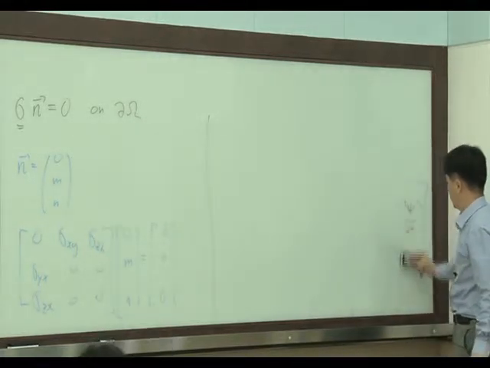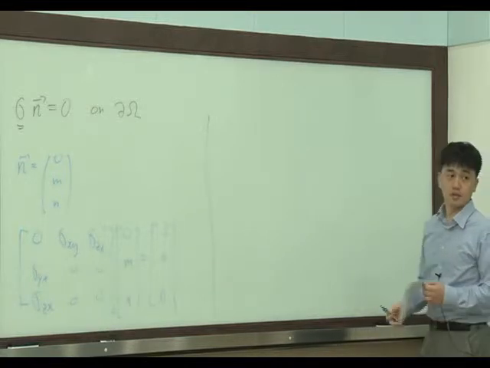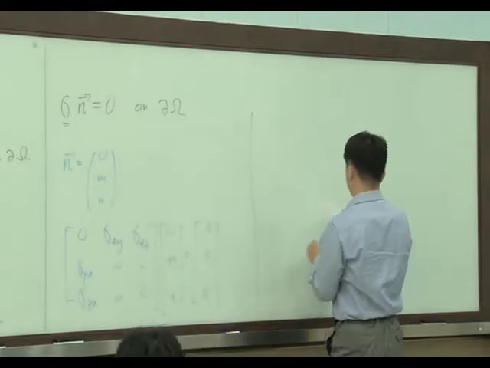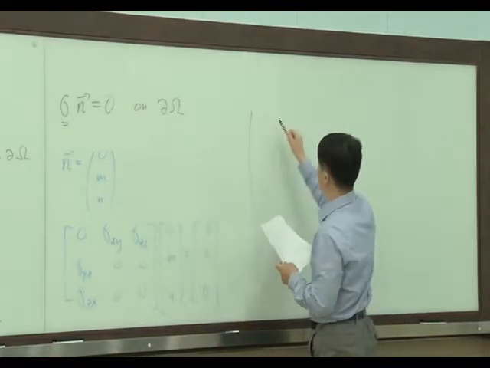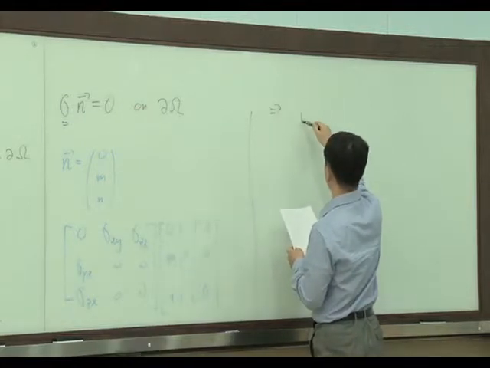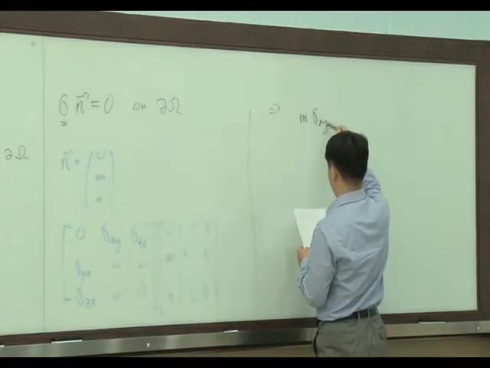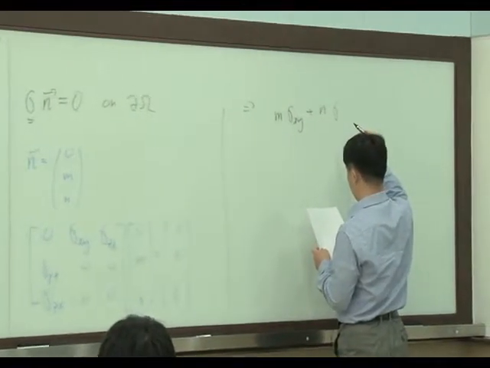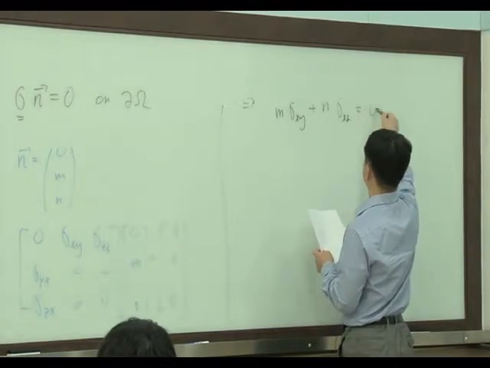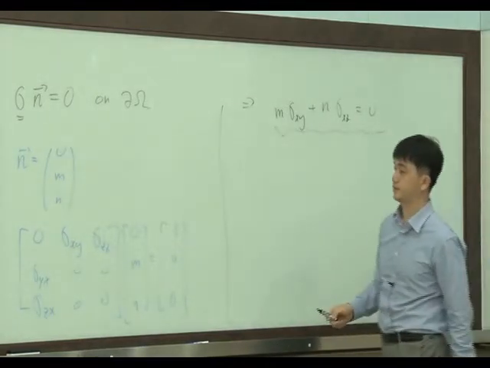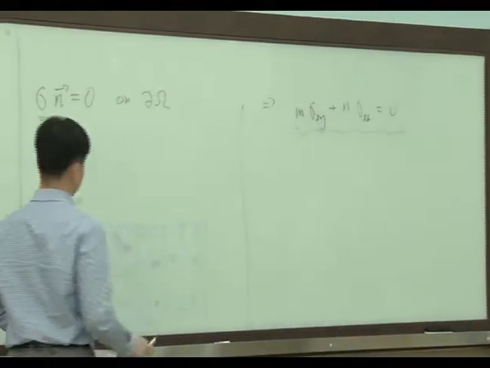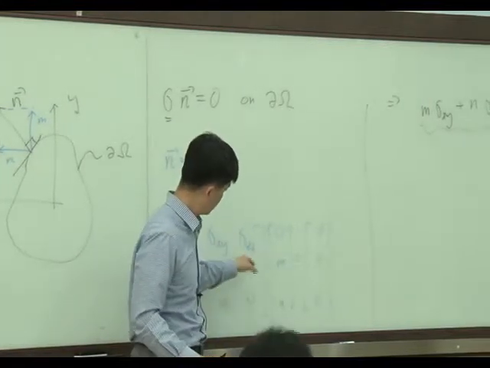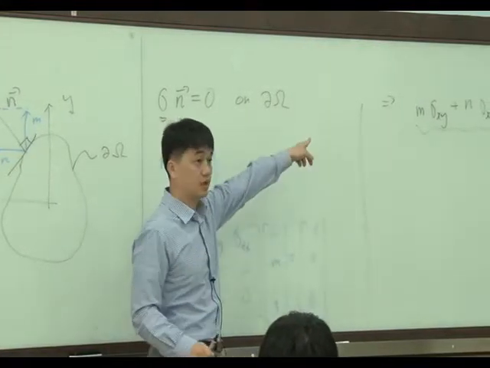So this equilibrium equation on the boundary gives us the result: m stress xy plus n stress xz equal 0, right? If you multiply the first row and this vector, we can have that equation.